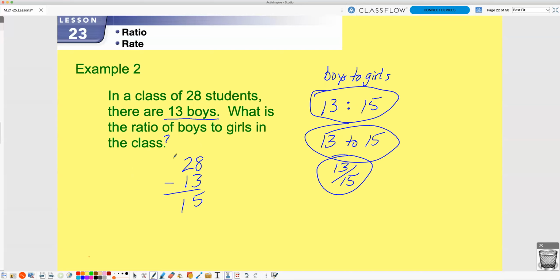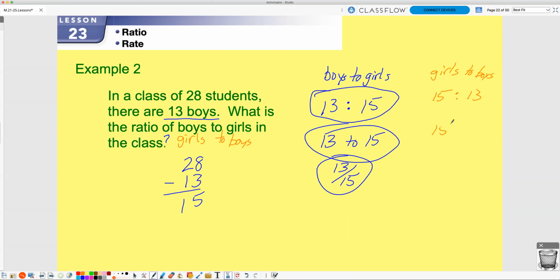Now if it said the opposite, if it said girls to boys, then you would have to go in that order, girls to boys, if the question happened to say it that way. And then you just have to recognize that there's 15 girls and there's 13 boys.